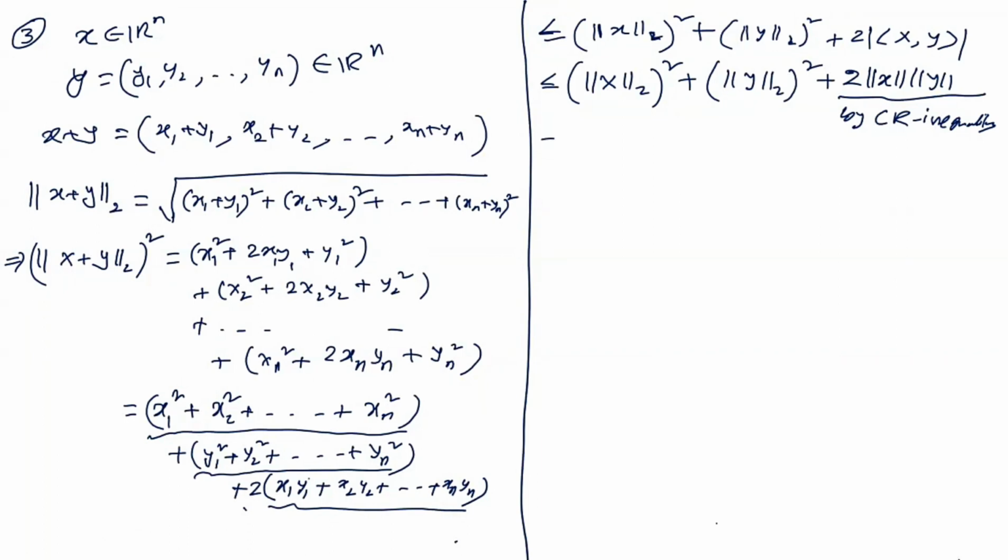So therefore we can write this as the norm of x plus the norm of y, whole square. Taking the square root, we get that the norm of x plus y is less than or equal to the norm of x plus the norm of y.